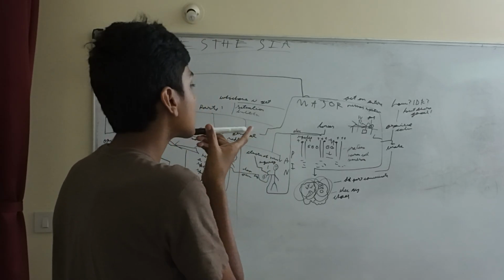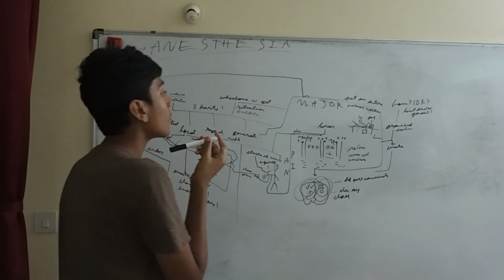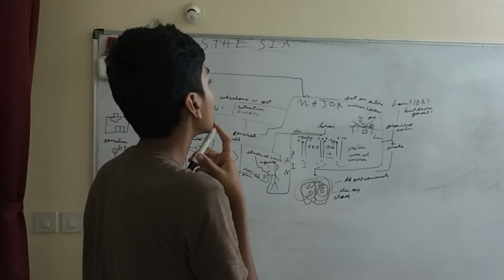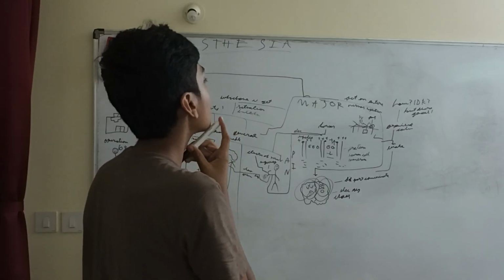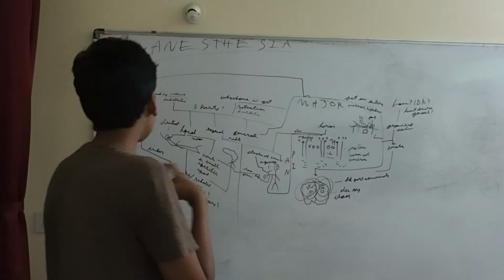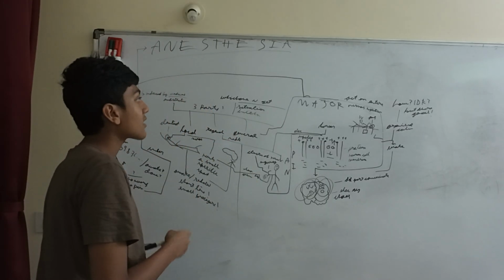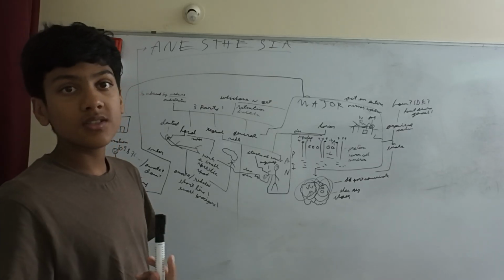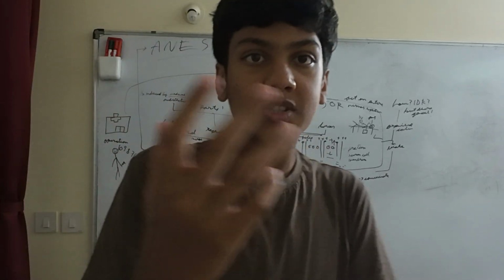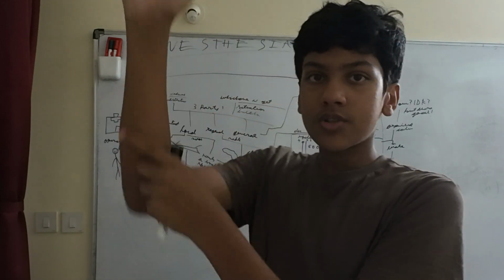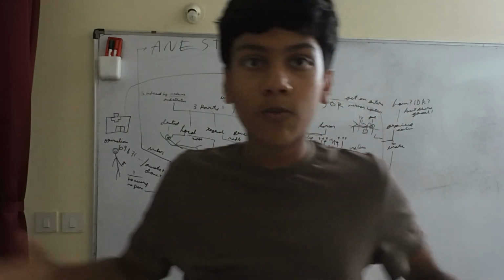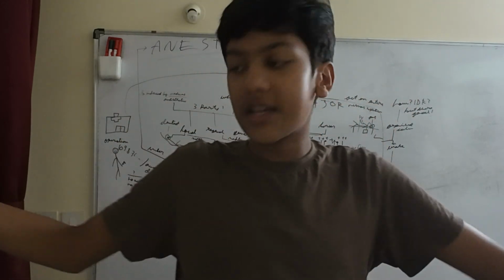And the reason why we do that, why should we? The thing is, general anesthesia acts on the entire nervous system. So not just one specific small area or just one body part. It works on the entire body.